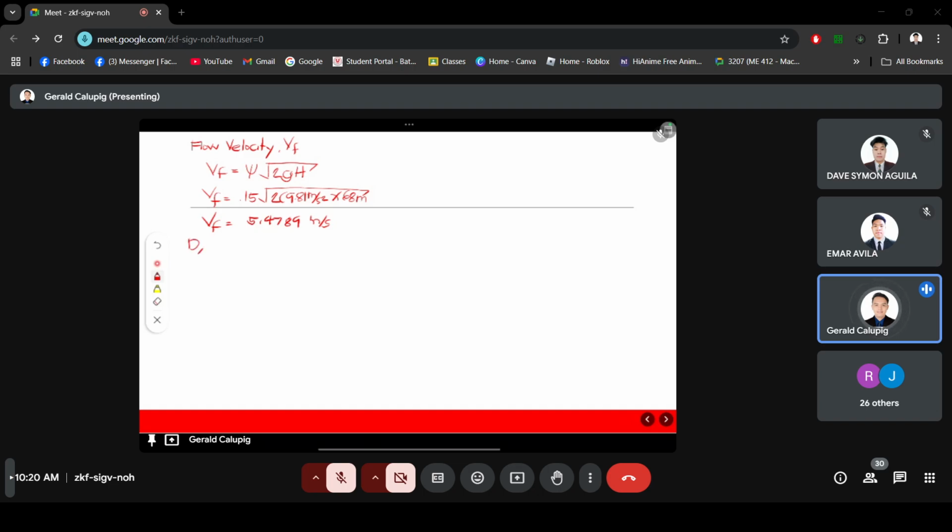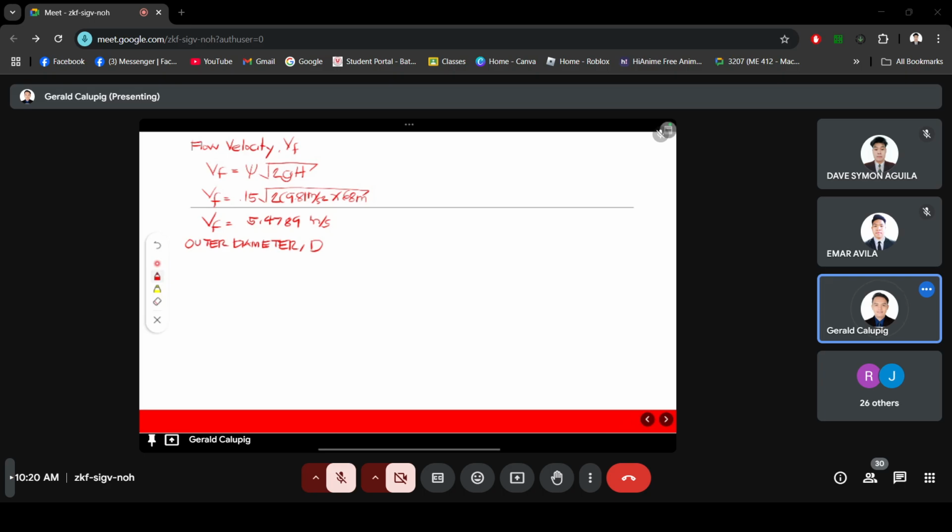So you have here D, or the outer diameter. What is our formula for the value of D in terms of Q? What was our formula yesterday?